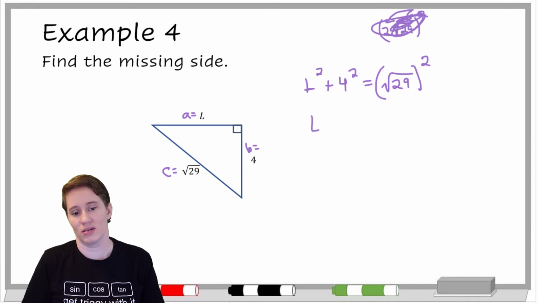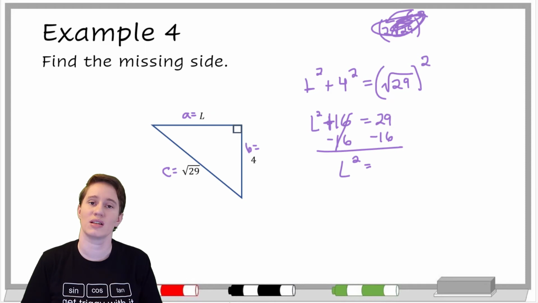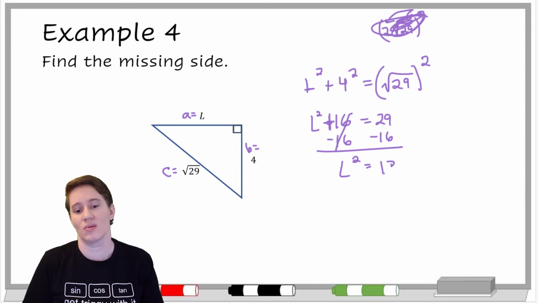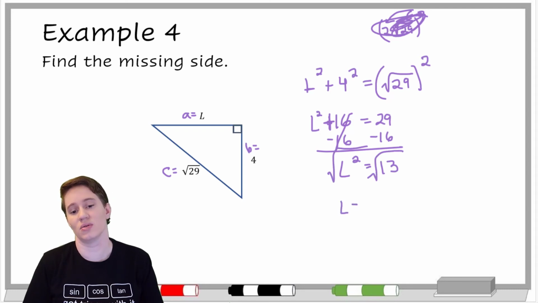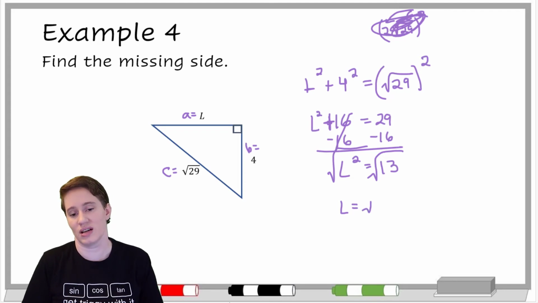So L squared is going to stay L squared. 4 squared is, whoops, it's a plus, is 16, and square root of 29 squared is 29, so we need to subtract the 16 over to this other side. L squared equals 29 minus 16, which is 13, and when we square root that, we get L equals, now the square root of 13 is a prime number, so it does not simplify.